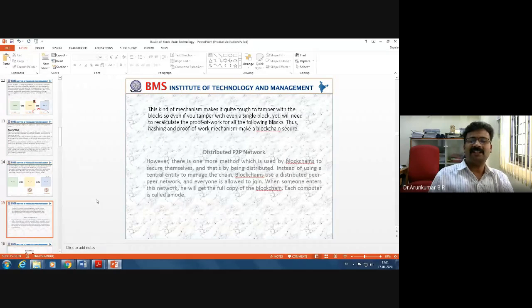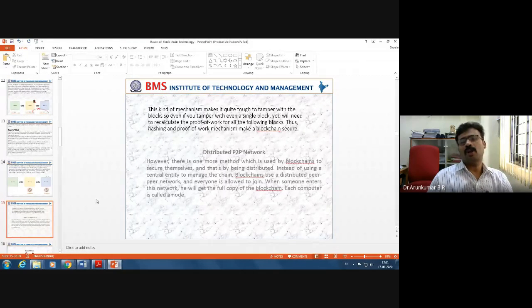If you change the second block and there are 100 blocks remaining, the genesis block has no changes, so n-2 blocks have to be changed. Thus hashing and the proof of work mechanism make a blockchain secure. See how the mechanism brings the security.